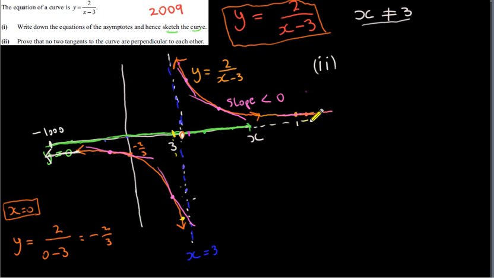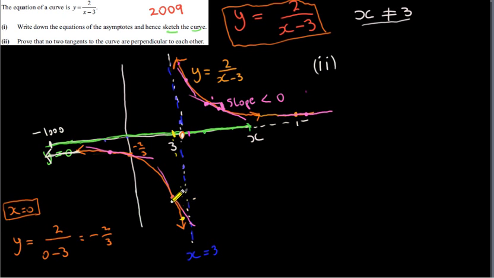It's still sloping downwards. In other words, if we pick any point on it and increase x by 1, y decreases. So all of these tangents are sloping down as x increases, whether we're on this section or the other section.